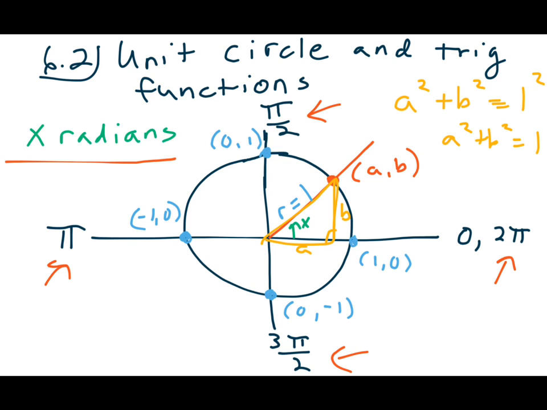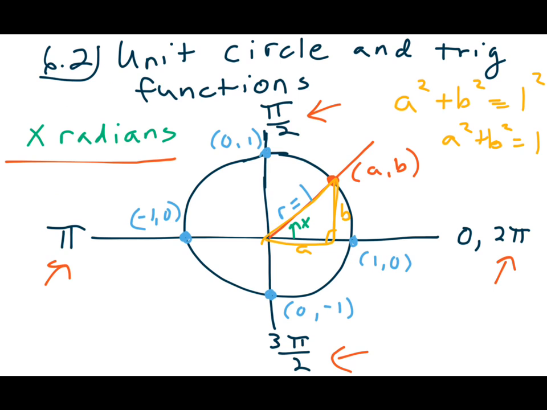Okay, so with our trig functions, we can only use trig functions on right triangles. And so x is going to be our degree here. So we're going to say what are the different trig functions of that degree. So we're going to use this guy to kind of describe how to do that. And this is going to be true as we go all the way around the circle.